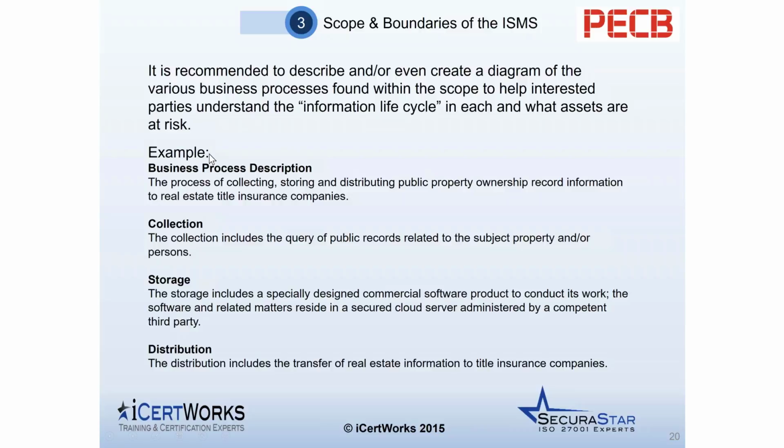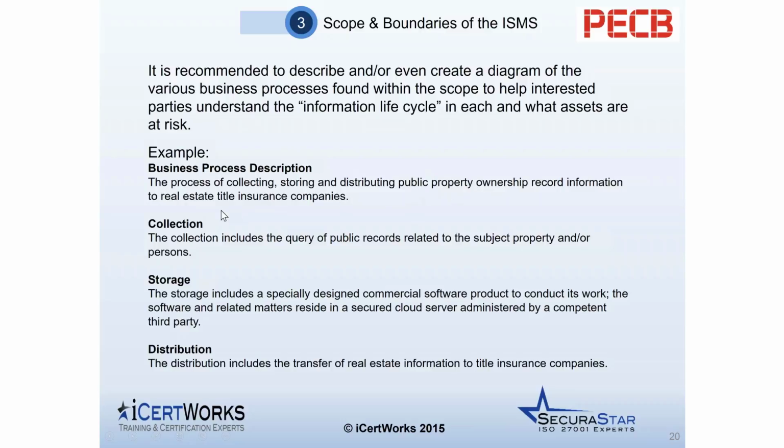So here's an example of what we might describe for anybody that looks at our scope. We might describe the business process, and here's a simple one: the process of collecting, storing, and distributing public property ownership records as related to real estate title insurance. So we're saying here what this business process is that collects and stores records.